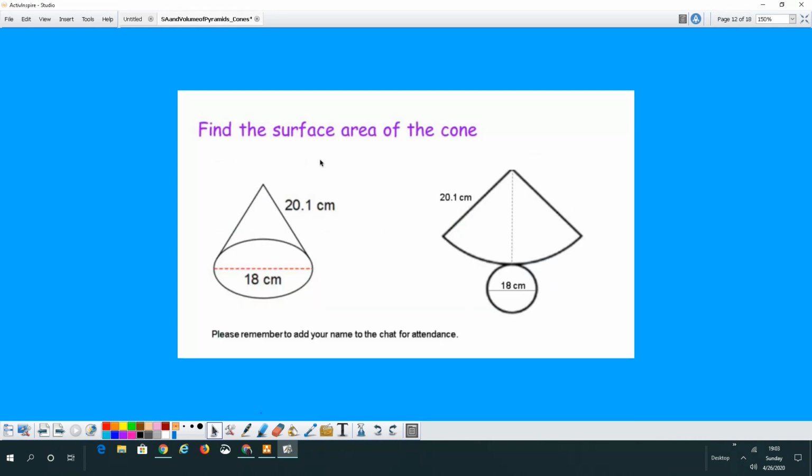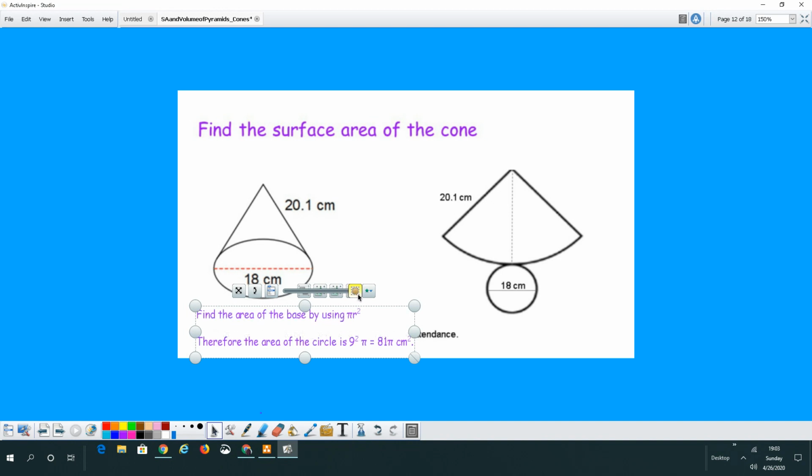So to find the surface area of a cone, the first thing we're going to do is to find the area of the base. Okay, so to find the area of the base, we're going to use pi r squared.